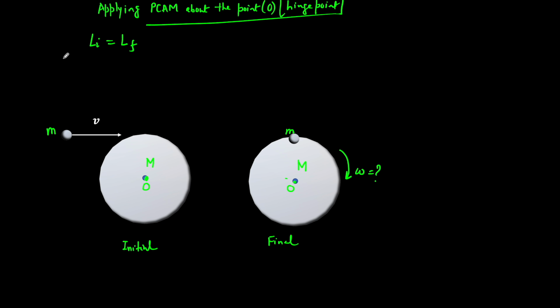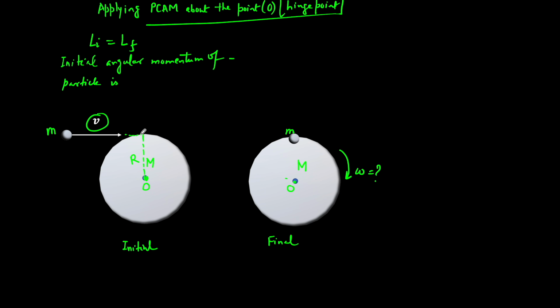Now the initial angular momentum of the particle is, initially the particle is striking the disk with a velocity v, and we are going to conserve the angular momentum about point O. So guys, you can see that this distance is equal to r, the length of the lever arm is equal to r.